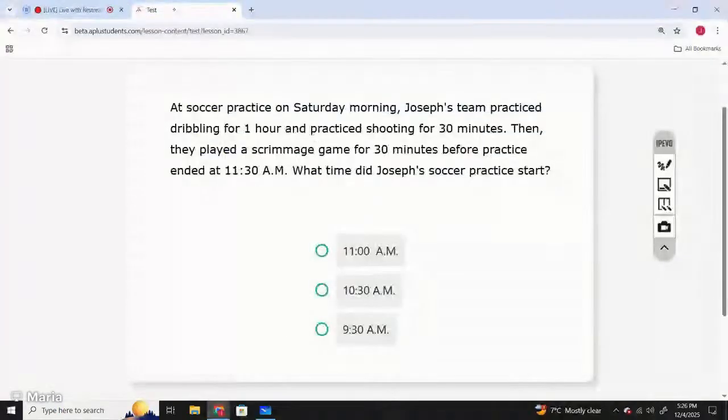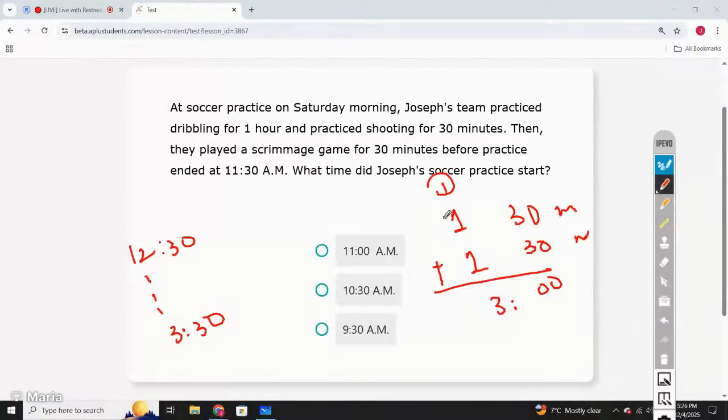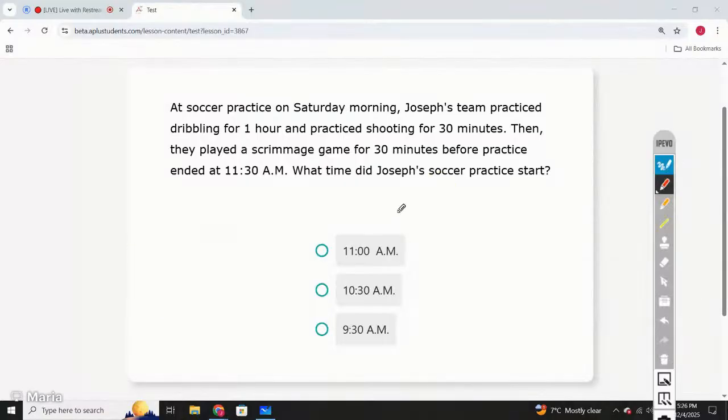Okay, so he practiced dribbling for 1 hour, shooting for 30 minutes, then played a scrimmage for 30 minutes, and ended at 11:30. So 30 minutes and 30 minutes make 1 hour. Add, so that means he did these things for 2 hours. So if he finished by 11:30, go back 2 hours. So from 11:30, 10:30 and 9:30.